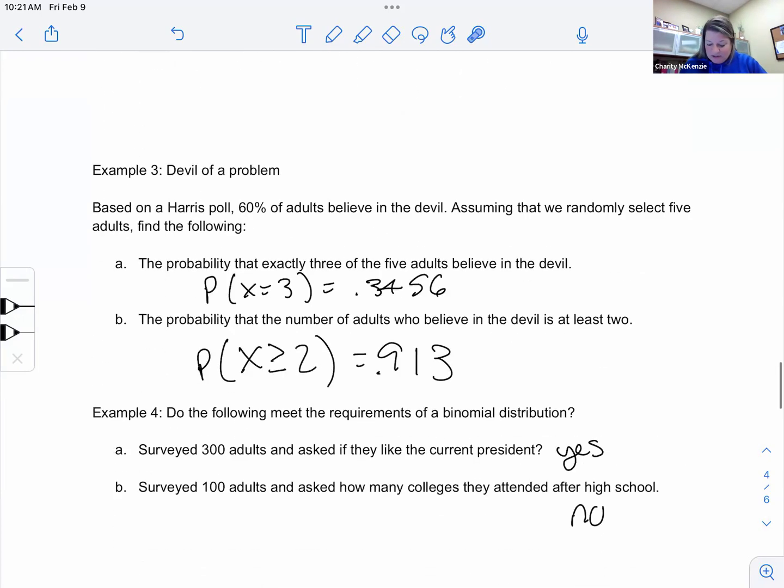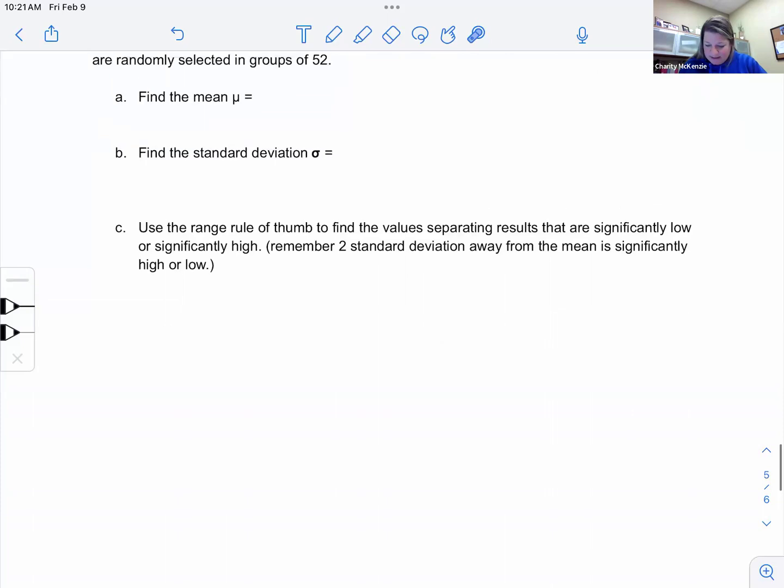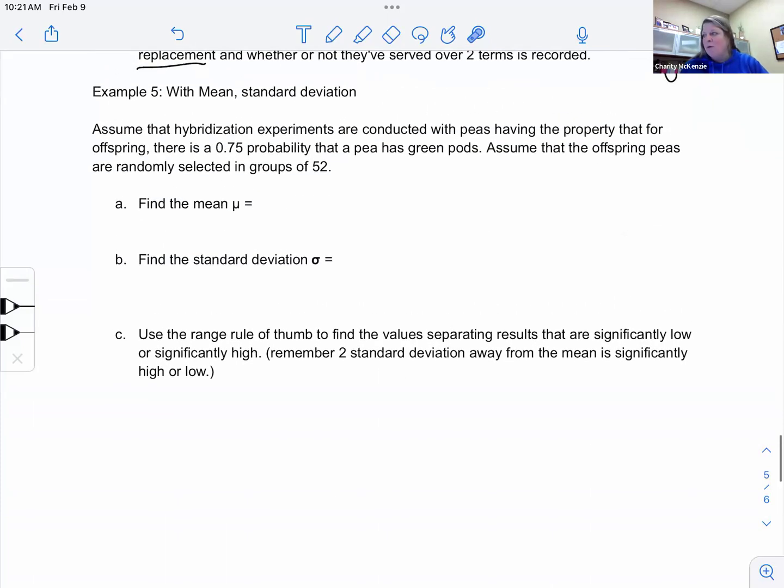Okay, so let's do that. We'll have to find a couple things. In order to do our mean, which is equal to n times p, well, what is our n? What's our number of trials?